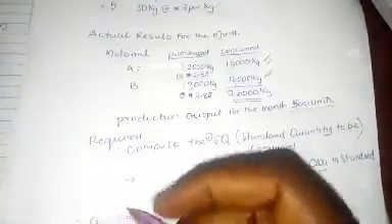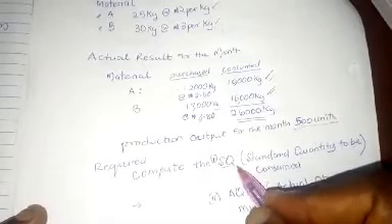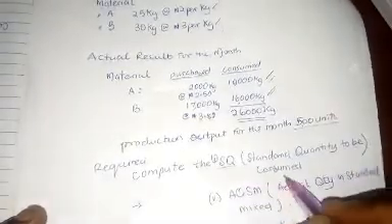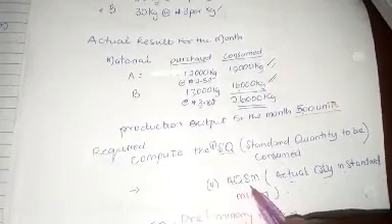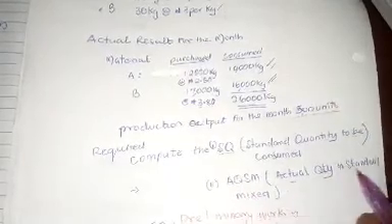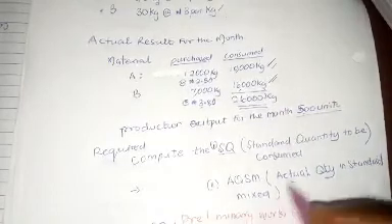So you are required to compute, number one, the standard quantity to be consumed, then number two, the actual quantity in standard mix. All right, so let us get started. You write calculation of standard quantity, that is A and B. What is the standard quantity of A and of B?